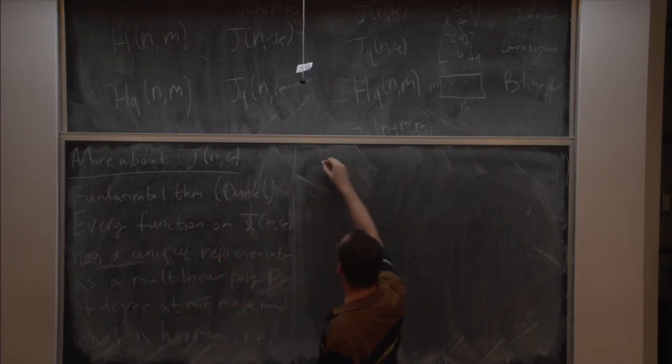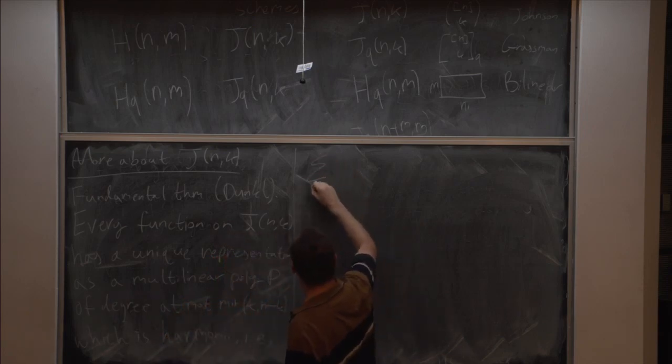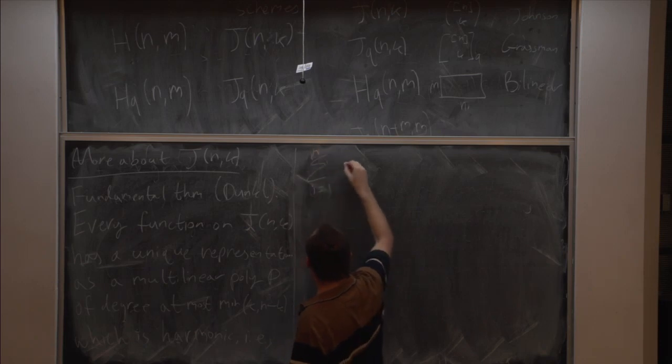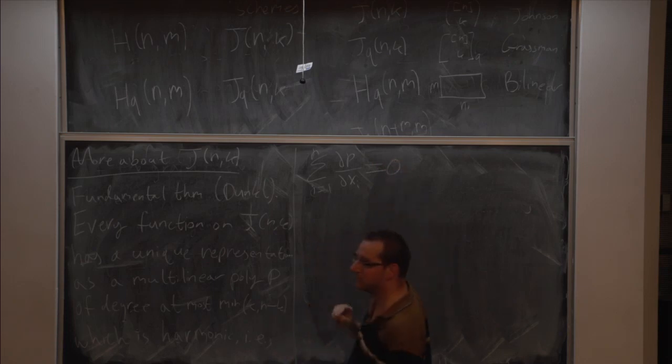Harmonic means that if you sum all the formal partial derivatives, then you get 0. Okay, and I'll give examples in a moment.